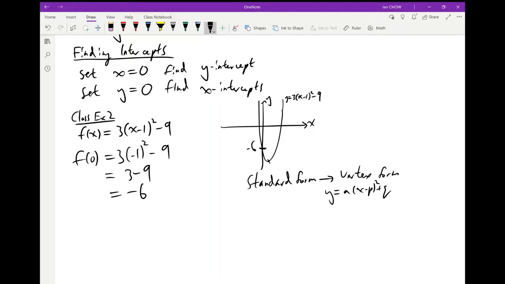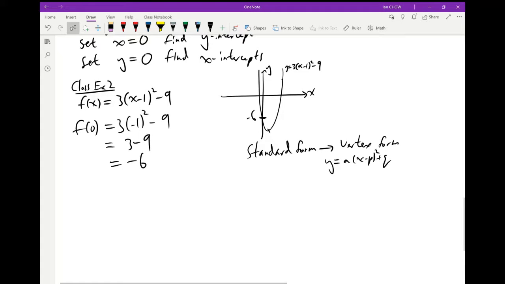If we try to multiply out this bracket to find the general form, ax squared plus bx plus c, you will realize that sometimes it doesn't factor nicely. I can quickly show you.